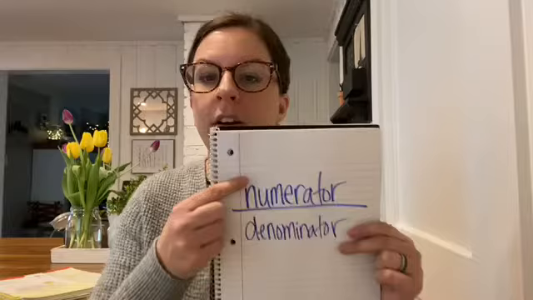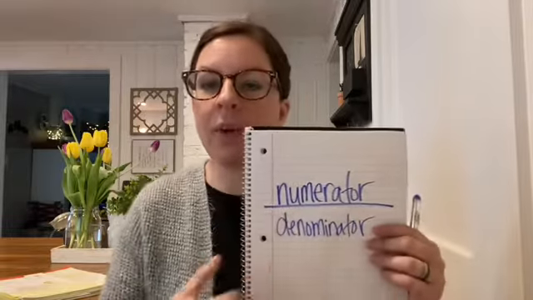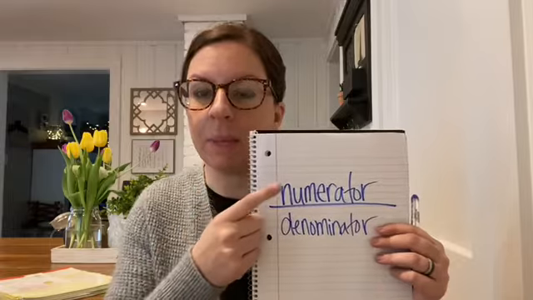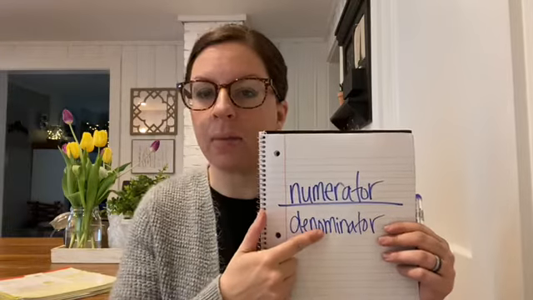If you remember, the top is the numerator. Remember, we said it sounded kind of like a robot, okay? So the top is the numerator, and the bottom is the denominator. Okay, so we have the numerator over the denominator. The numerator, the top part, is the part, and the bottom is the whole.